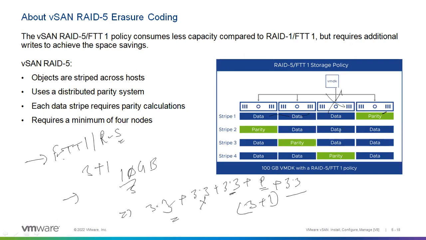If here my data fails, then this parity plus these two data will generate the original data. If here my data fails, this data plus this parity will keep my data alive. If the parity fails, my data is still available from the rest of the 3 nodes. My data is still safe, but with a warning symbol: redundancy. I don't have sufficient redundancy now.